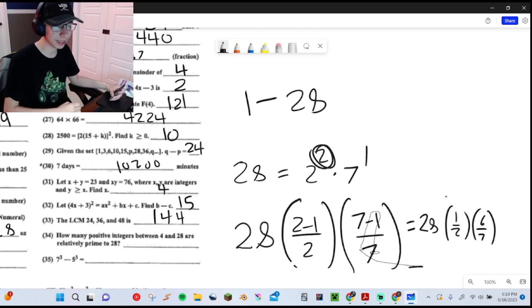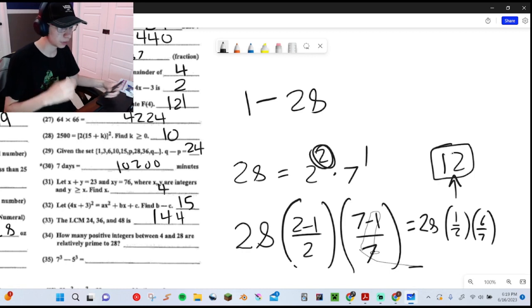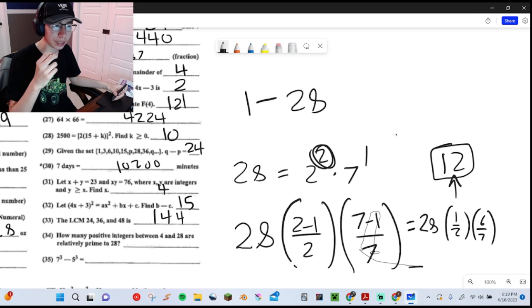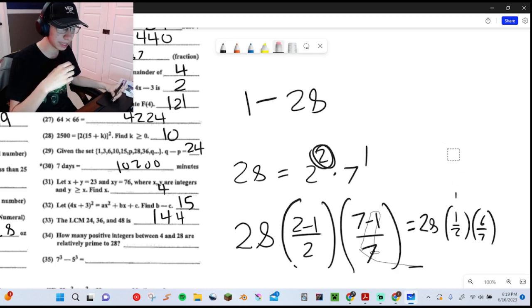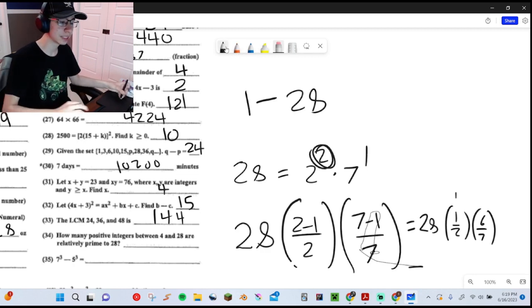And so I evaluate this, and I'll get, well, half of 28 is 14. Divide by 7 times 6, that's going to be 12. There are 12 numbers between 1 and 28 that are relatively prime to 28. So again, how did I get these fractions?